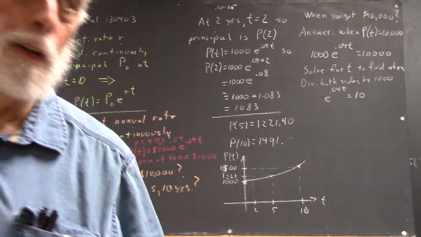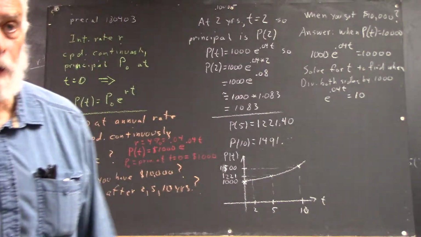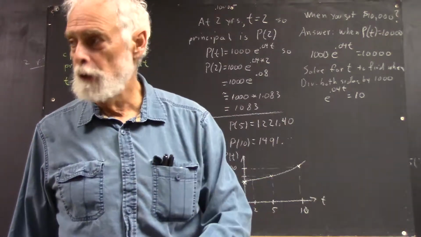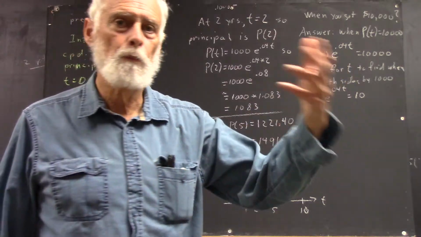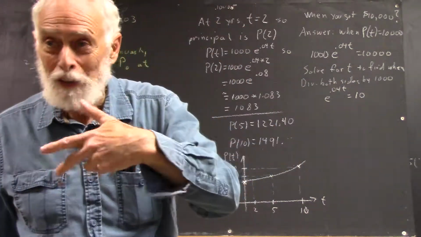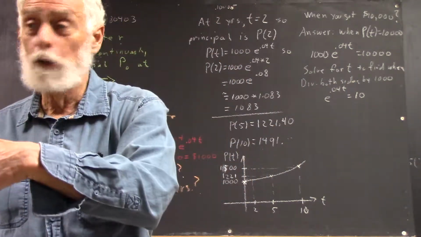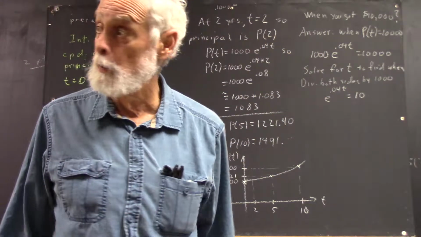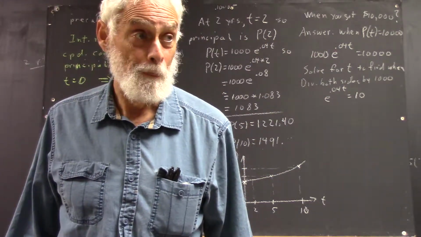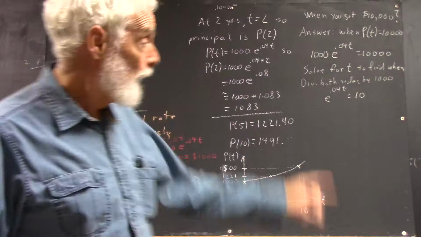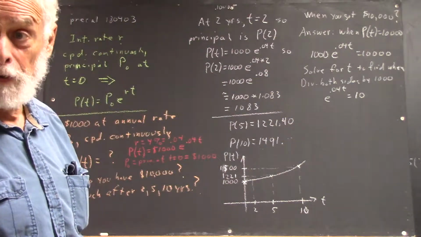What have we been doing for a couple of weeks here? We've been turning exponential equations into logarithmic equations and logarithmic equations into exponential equations. So what kind of an equation is that? That's an exponential equation, right?